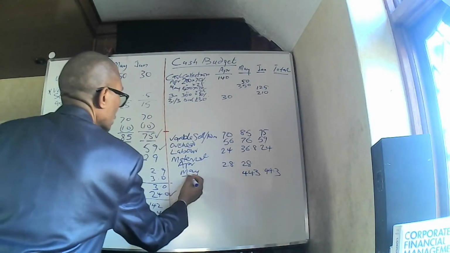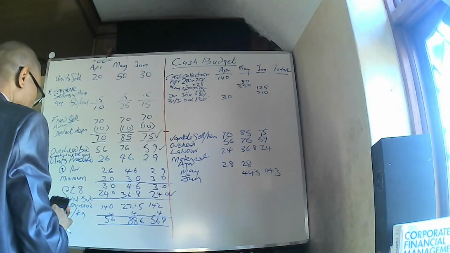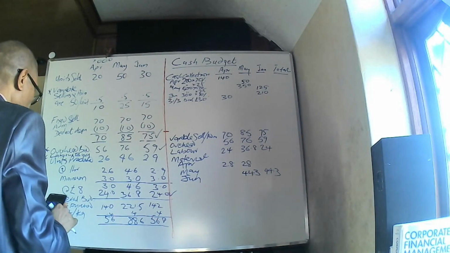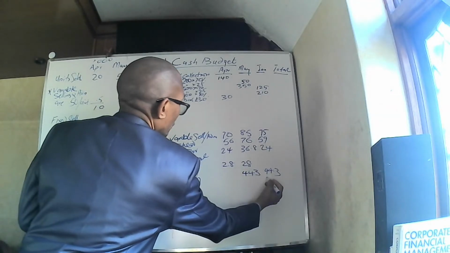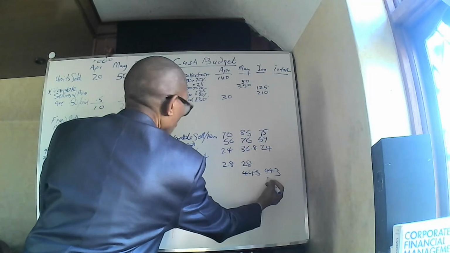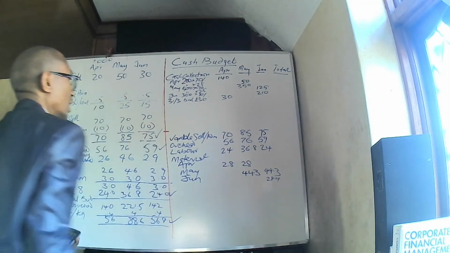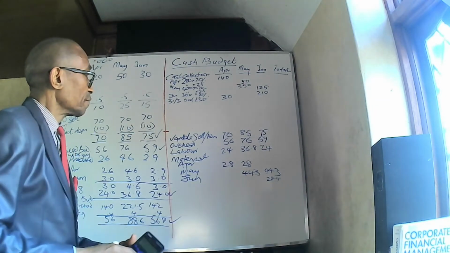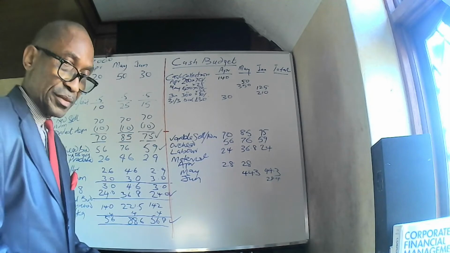And that of June, which is 56.8 divided by 2, we pay 28.4 in the month of June. So we have done our material purchase budget. The balance we pay next month.